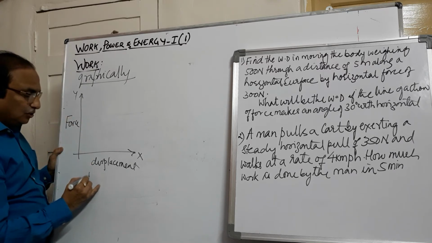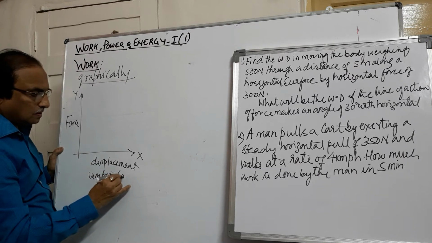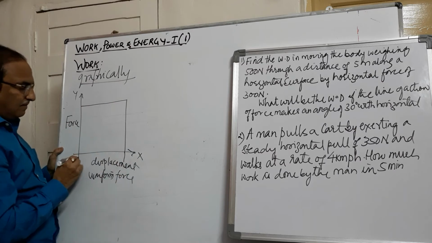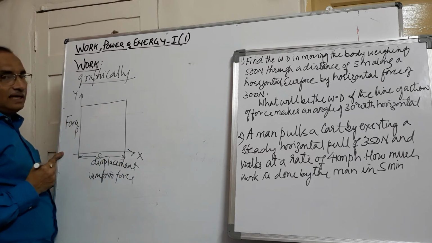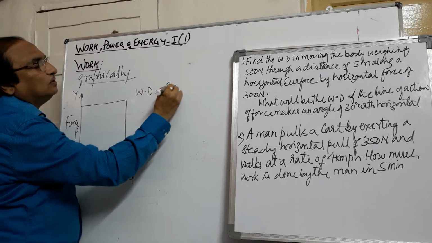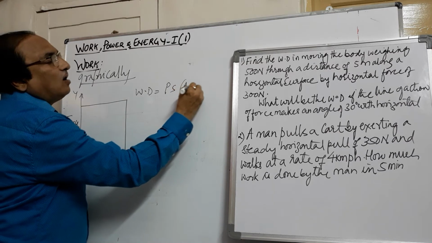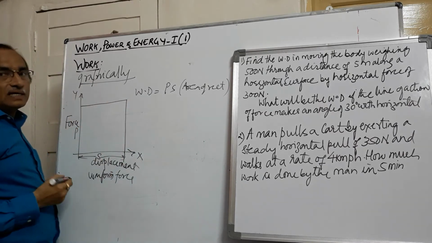If it is a uniform force, it means the force remains the same for a distance of s. If it is traveling a distance of s, and the force is P here, then the work done will be, we know, force into distance. This force into distance is nothing but the area of the rectangle.